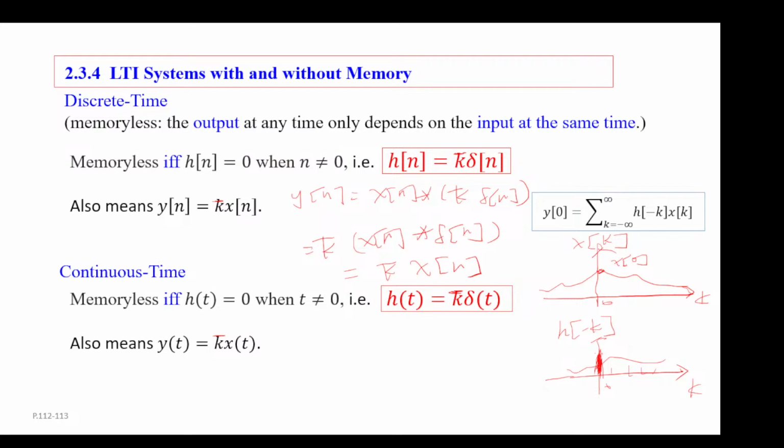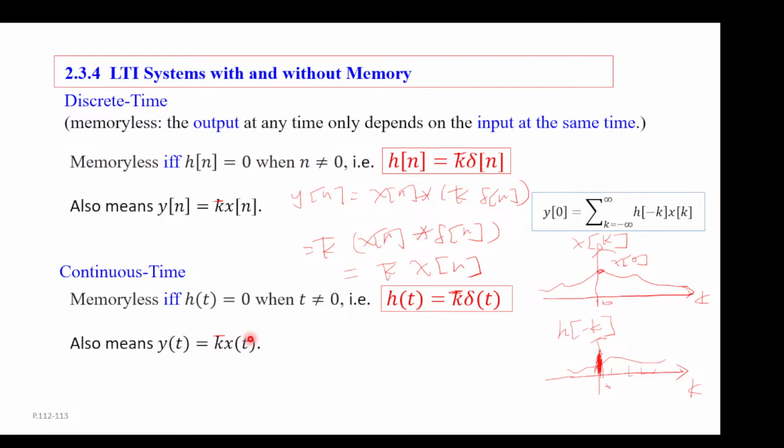You can check this easily by yourself. A function convolved with the delta function or unit impulse gives back the function itself, and it's similar in the continuous case. Whatever function convolved with the delta function, that's the sifting property, and you get back x of n or x of t.